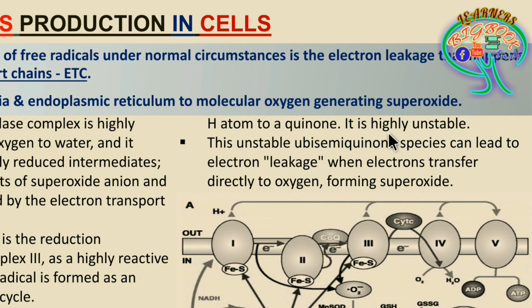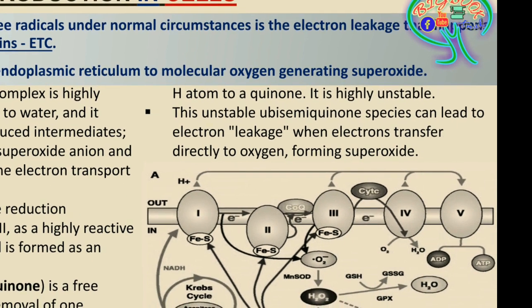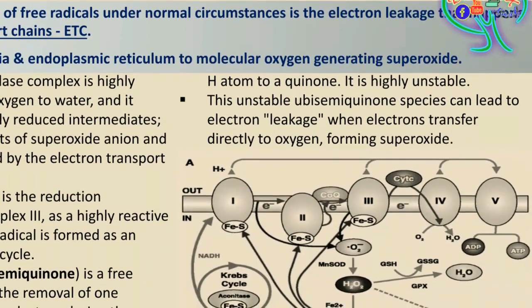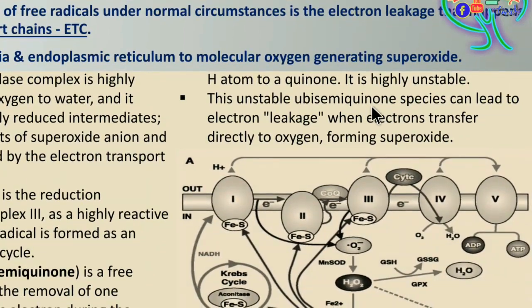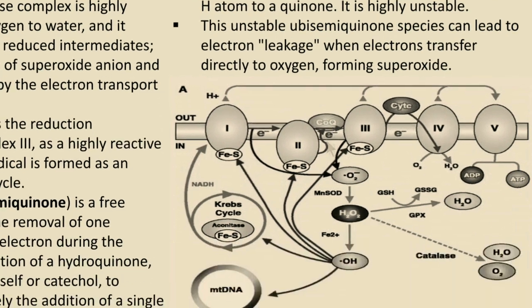Because of this it becomes unstable. So here again it is the hydroxyl group formation. This unstable UB semiquinone species can lead to electron leakage when electrons transfer directly to oxygen, forming superoxide.